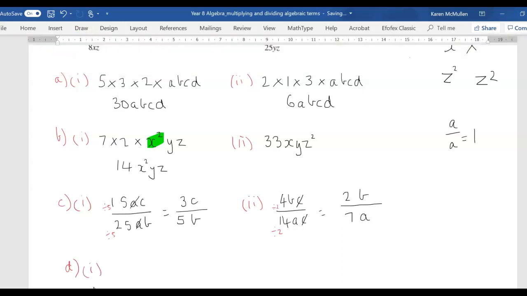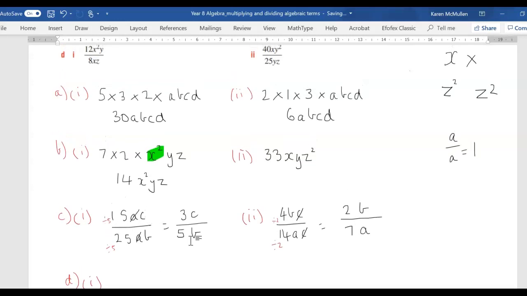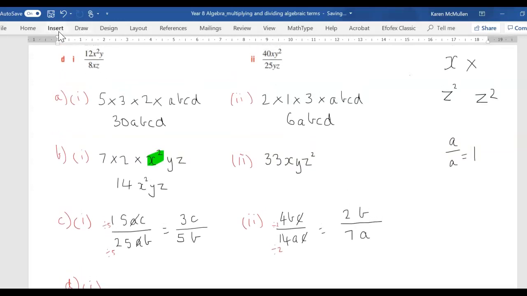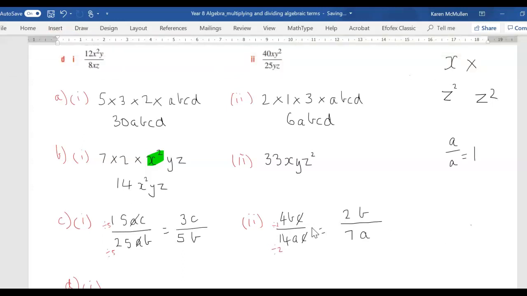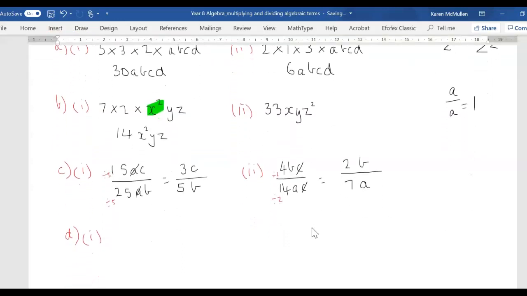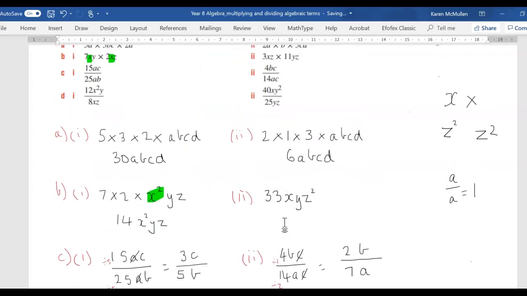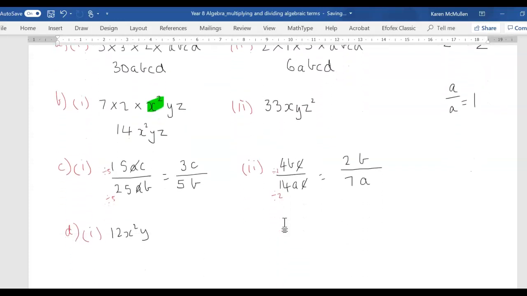All right, so part 1. So 12x squared y and 8xz.